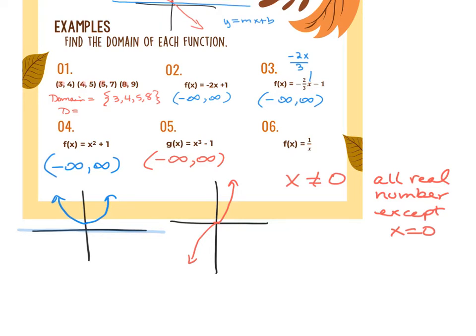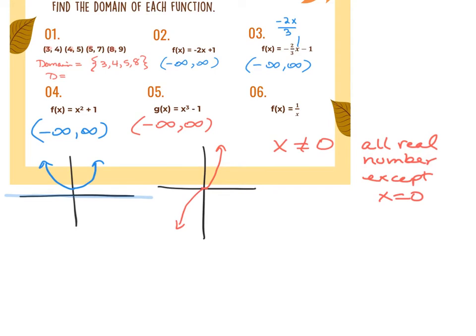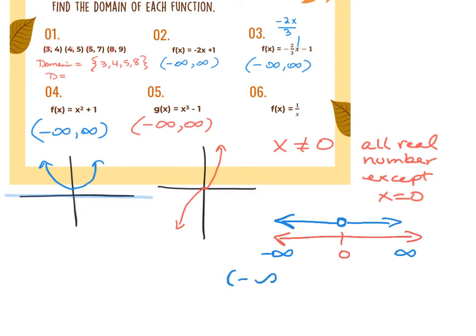Now, I'm not going to write my answer like this. I'm going to write my answer in interval notation. So let's get a visual, and let's think of this as a number line. So if I have my number line here, and here's 0, 0 is where there's a hole, but then it's all the other numbers. So over here is negative infinity, positive infinity. The way that I'm going to write this in interval notation is I'm going to go from negative infinity up to the 0.